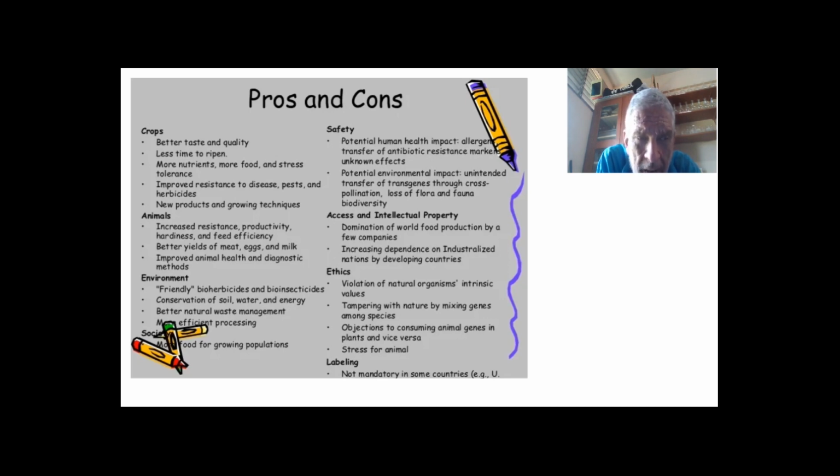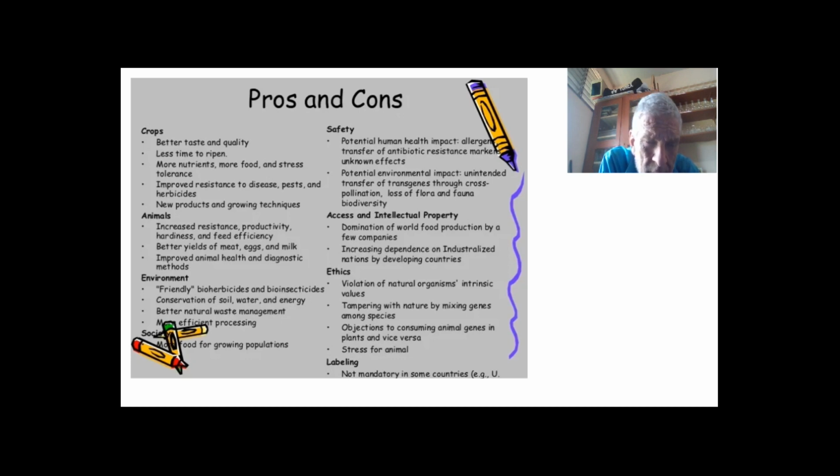And with climate change, it's probably important that crops are stress tolerant. So this is another advantage of GM crops. Another advantage, improved resistance to diseases, pests and herbicides. And of course, new products and growing techniques. You can form entirely new products through genetic engineering.